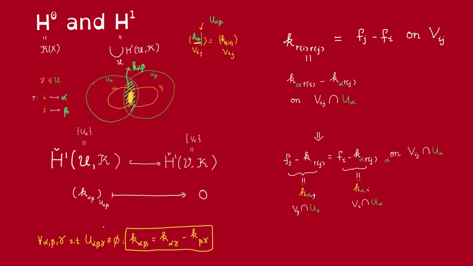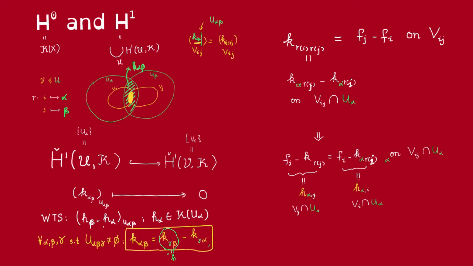Alright, so now to prove injectivity, we suppose that we have a one cocycle mapping to 0 here, so it becomes a coboundary here. We need to show that it's actually a coboundary. So we want to show that it must be of the form H_beta minus H_alpha, for H_alpha sections of K over U_alpha. So here you might ask, hey, wait, don't we already have this from the cocycle condition?